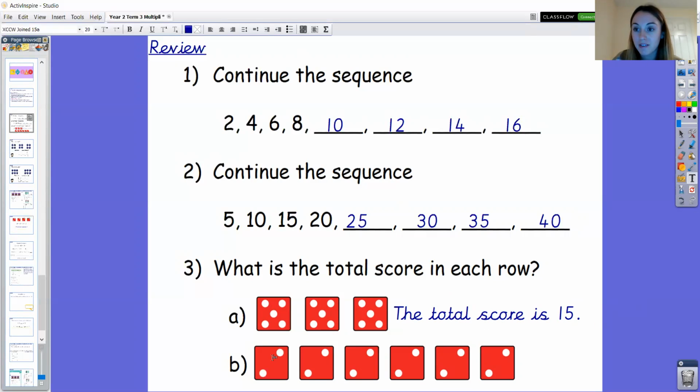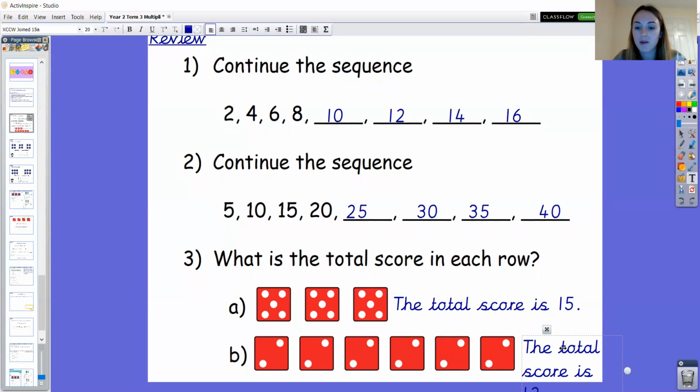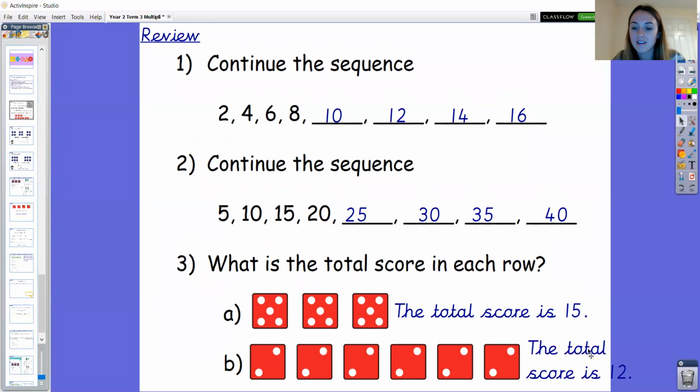Let's have a go together. 2, 4, 6, 8, 10, 12. Brilliant. Can you answer in a full sentence? Brilliant. Let's say it together now. The total score is 12. Brilliant. Well done, Year 2. Thank you for joining in then.